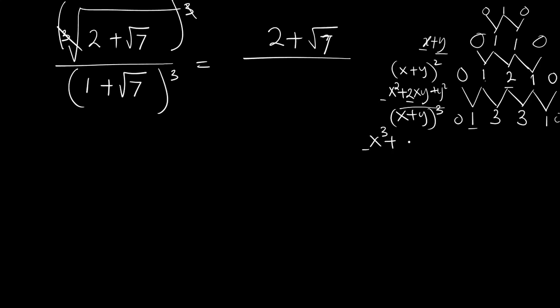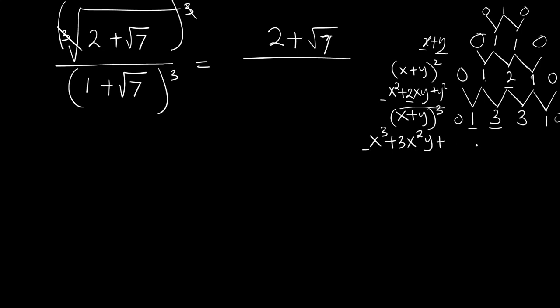The next coefficient is 3. The x will now be 2, decreasing by 1, then the y will be increasing by 1, because the power of y here is 0, and anything raised to 0 is 1.